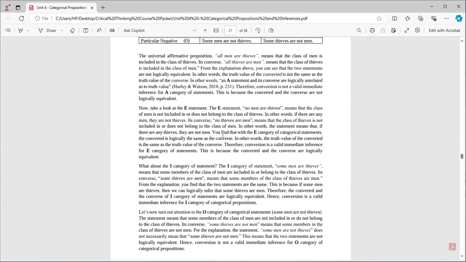So when you turn the positions, I usually use the currency example. Some currencies are not coins. It's not the same as some coins are not currencies.